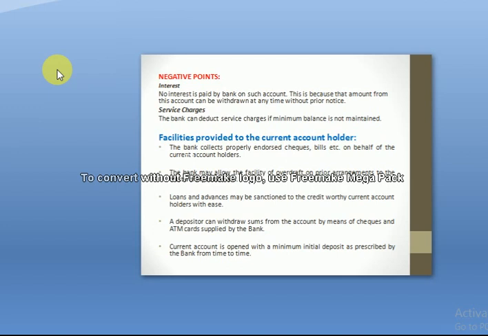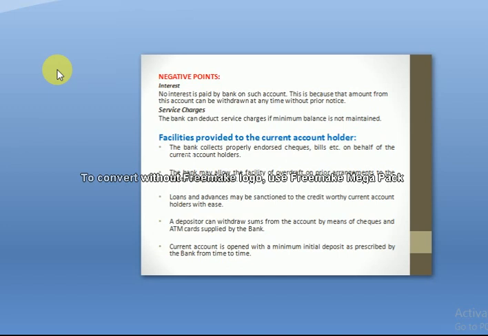Similarly, the banks also allow the facility of overdraft, on prior arrangement, to trustworthy customers. The overdraft facility is given only to the current account holder. I discussed the overdraft in detail. Loans and advances may be sanctioned to creditworthy current account holders with easy terms and conditions.